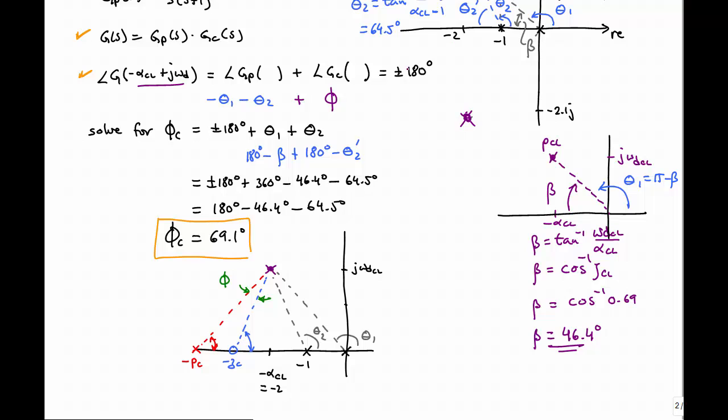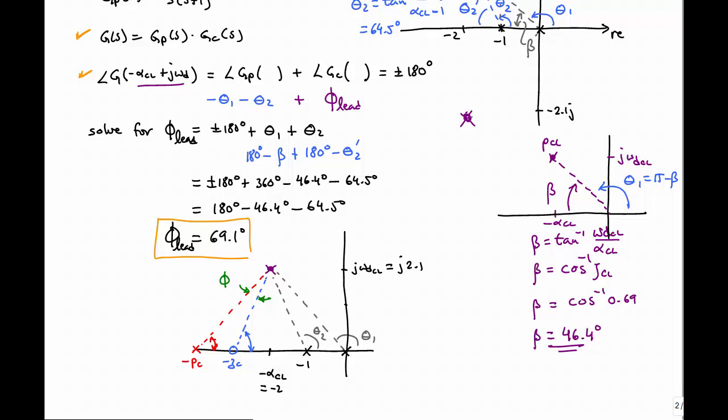I want to rename this to phi lead. So we need 69 degrees of lead angle in order to move the root locus to pass through a point at -2 + j2.1.